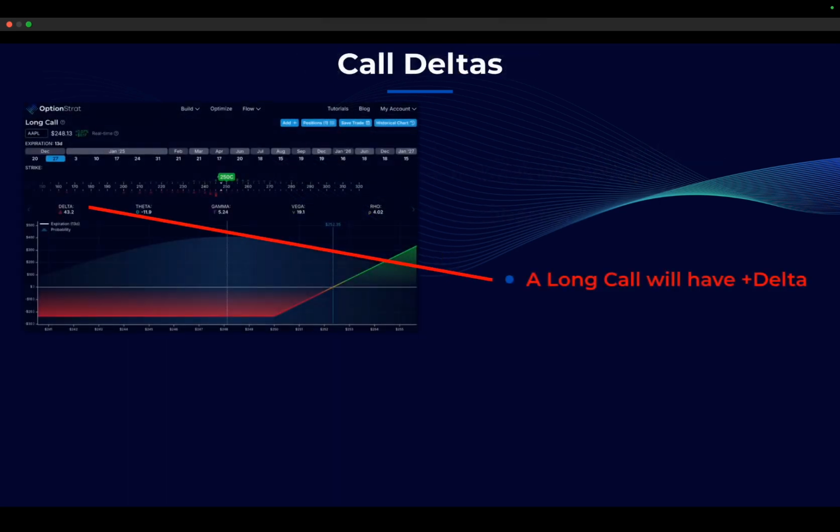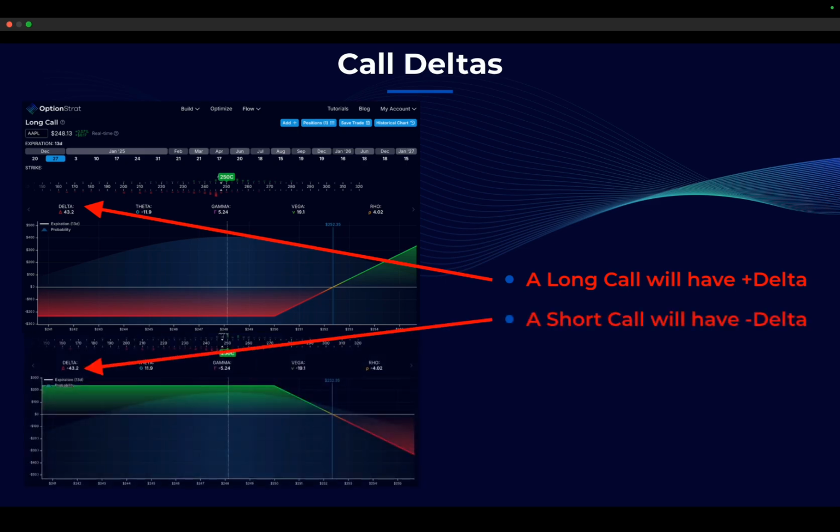So let's talk a little more about call deltas and look at some examples. In this particular case, I'm looking at a long call in Apple, and we can see that this long call has a positive delta of 43.2.